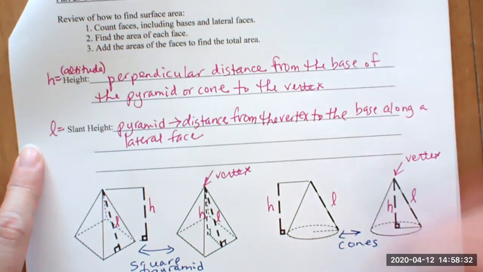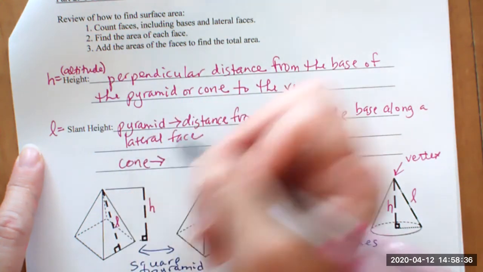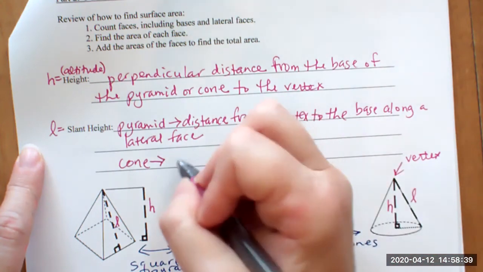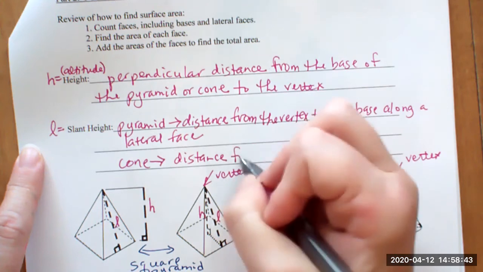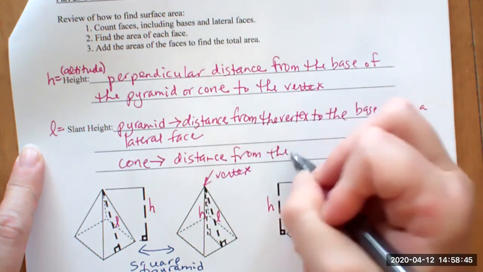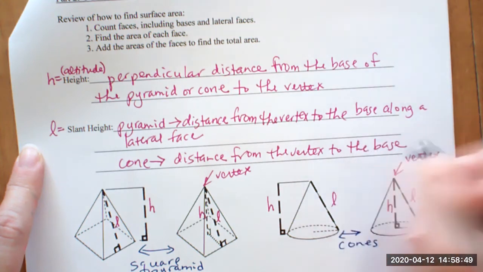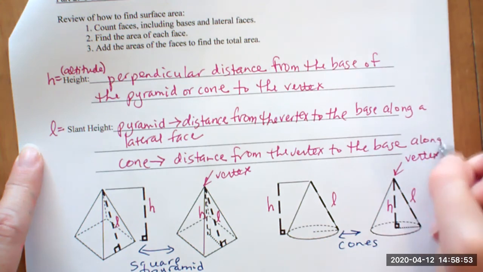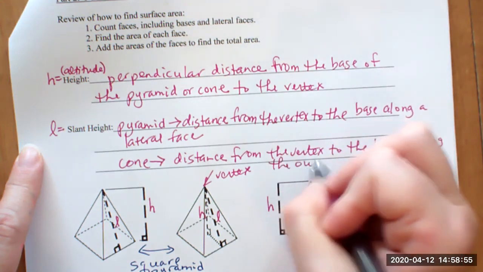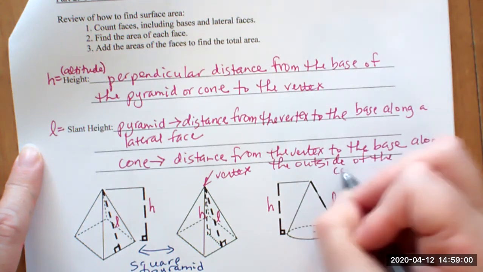So on a cone, we can say the slant height is the distance from the vertex to the base along the outside of the cone.